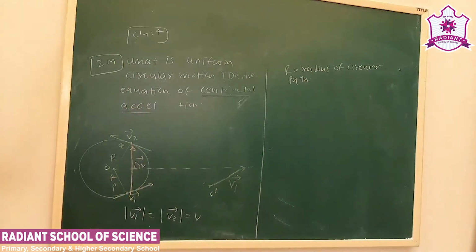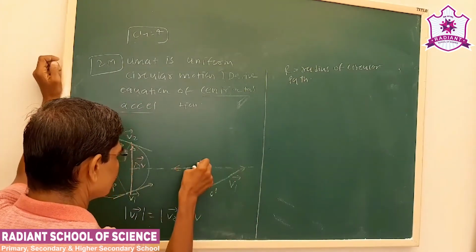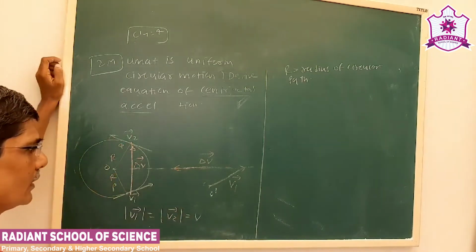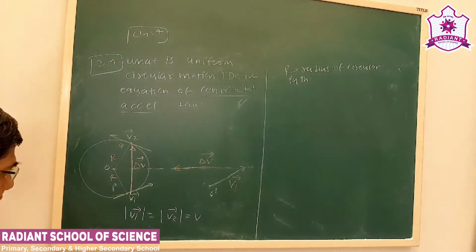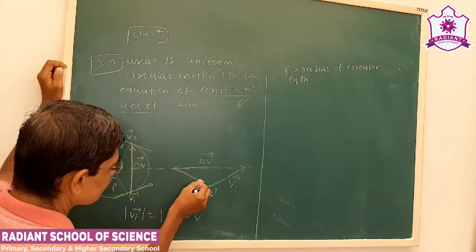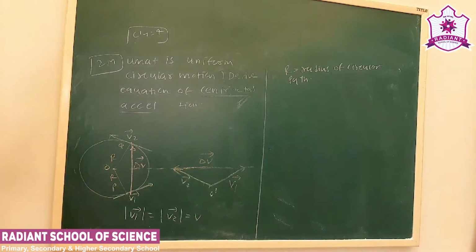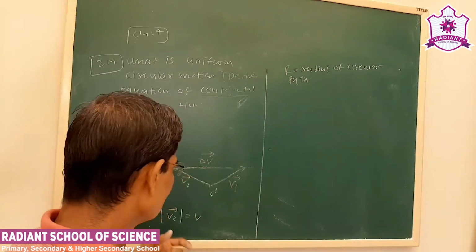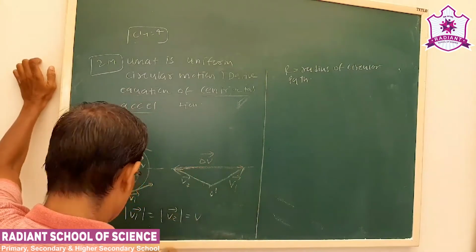Now see the change in velocity, that is delta V. Okay, and the final velocity, by keeping its magnitude and direction same. See what we have used here, the triangle law. On the head of the vector V1, the tail of the delta V, and the third side is this.